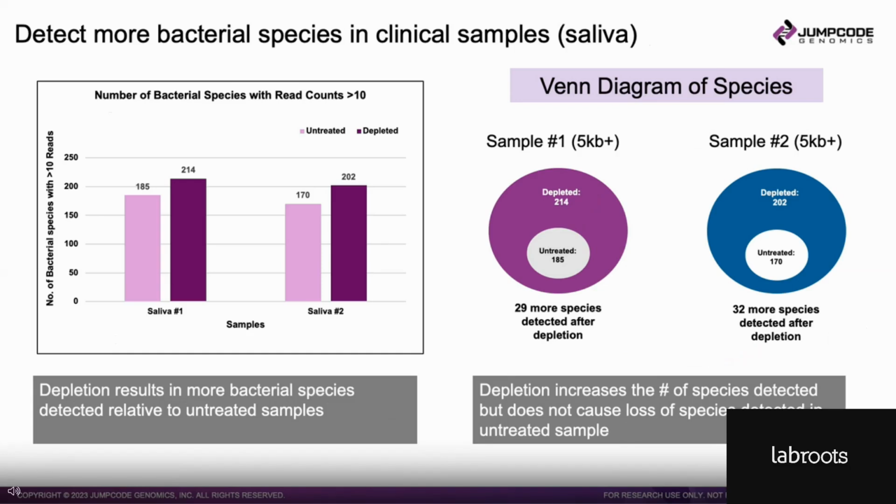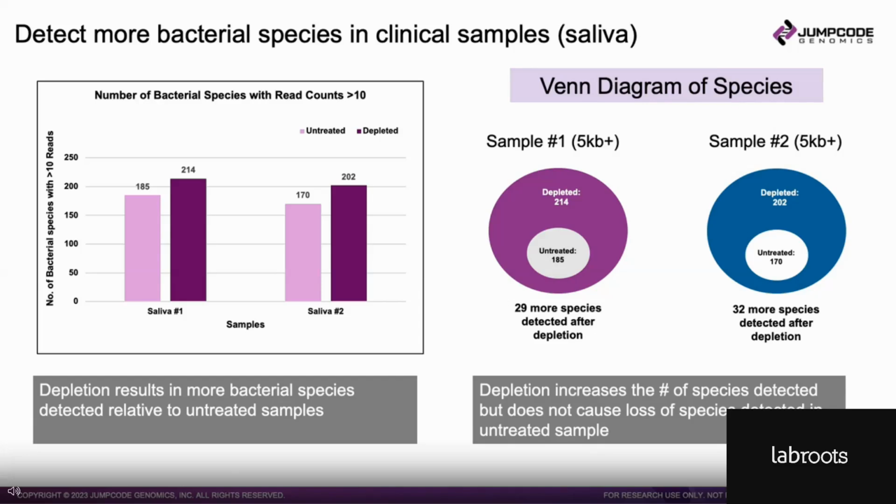Here, we are looking at results from the saliva sample experiment, and to the left, we have bar graphs with the number of bacterial species having read counts of 10 or more on the y-axis, while the x-axis represents the different samples tested. Notice that in both sample number 1 and sample number 2, the untreated samples consistently have a lower number of bacterial species when compared to the saliva samples in which human genome content was depleted using Jumpcode Human DNA Depletion Kit.